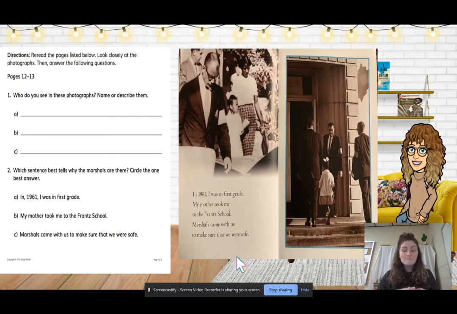What were they doing in the text? Tell me in the puzzle. The text tells us that Ruby was going to France school in the first grade, and her mother and the U.S. Marshals were walking her there. That is what the text says.